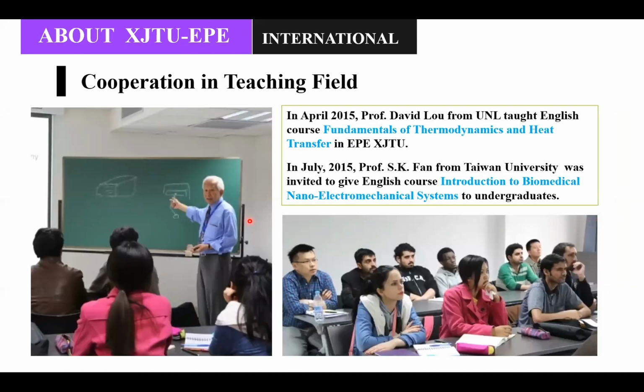We also invite very famous professors from overseas back to the campus of Xi'an University to give courses and lectures to the students. They also teach full courses, for example 32 hours, 46 hours, or 64 hours.